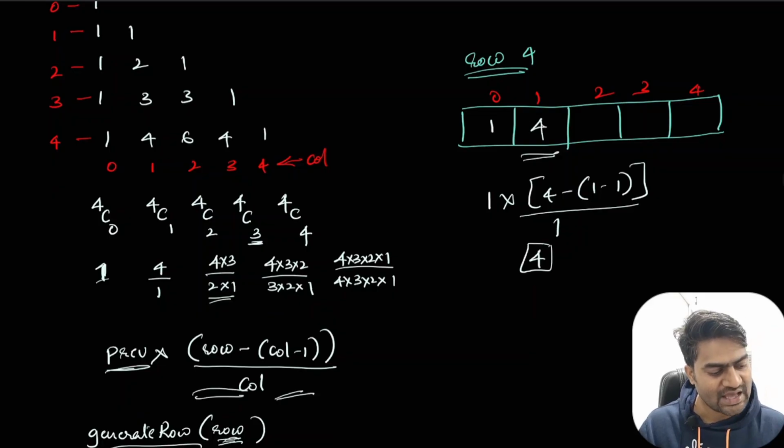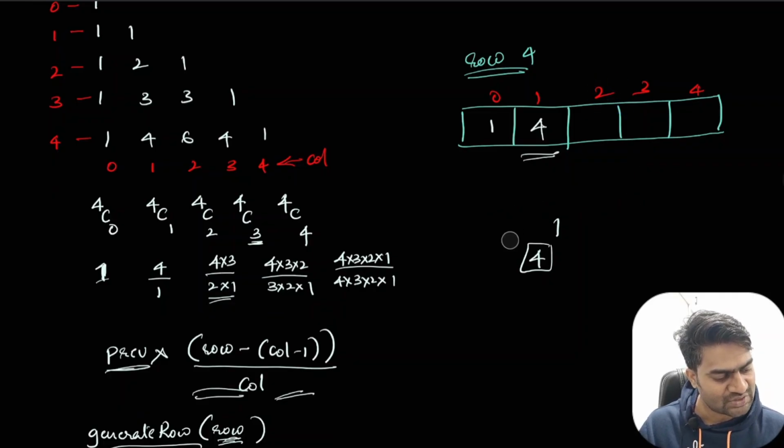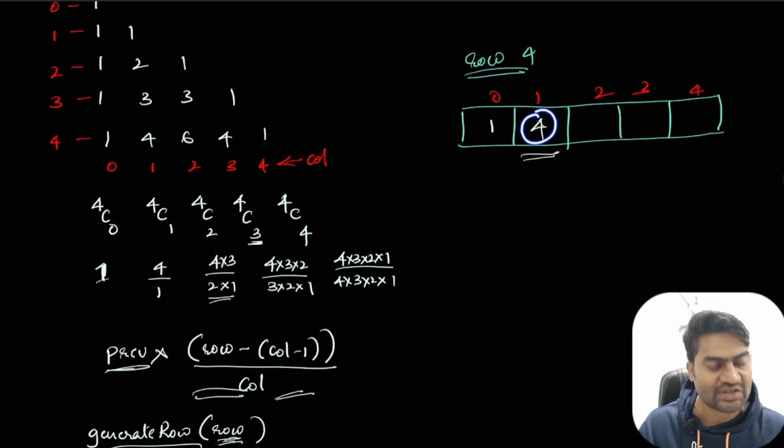Next I will move to this index. For that, I will remove this part. Now my previous value will be this 4.